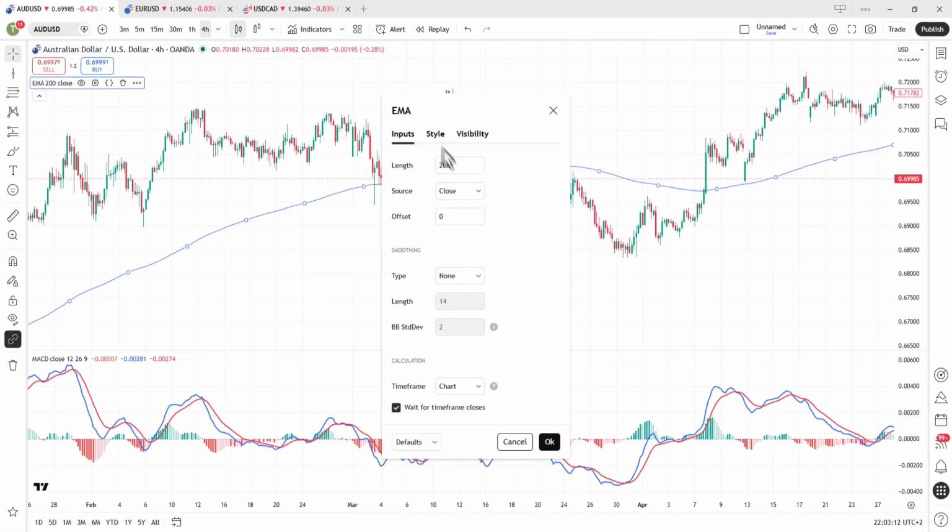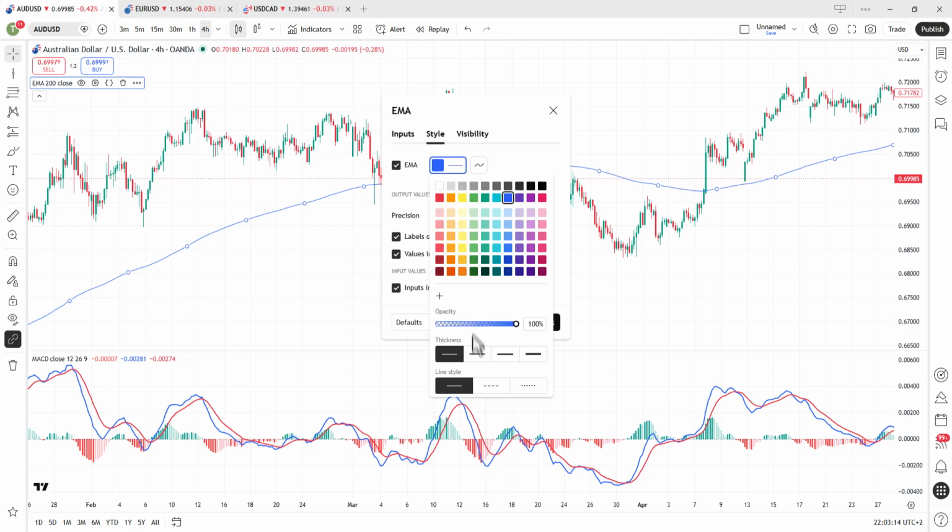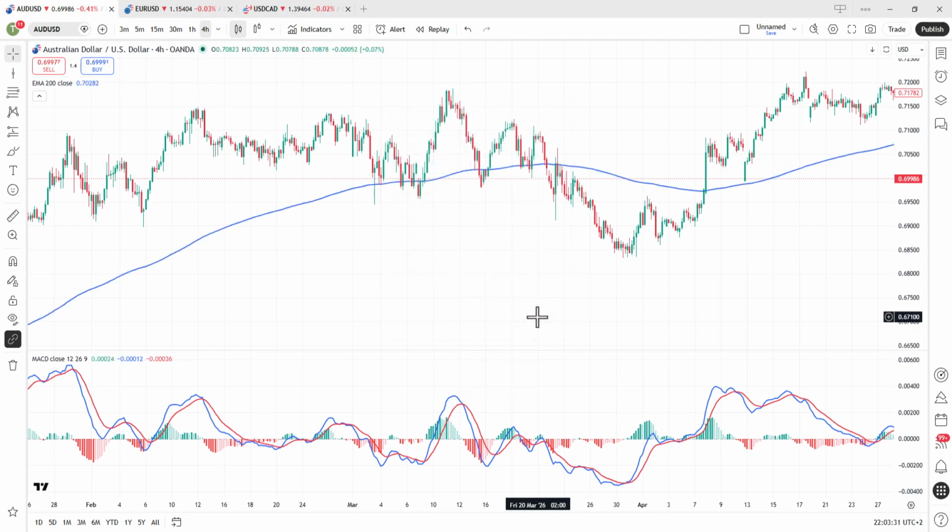Okay, I'll change that to make it a little bit thicker and more visible. What we do in this case is that if the price is above the 200 period moving average, then we only take the buy signals on the MACD indicator.